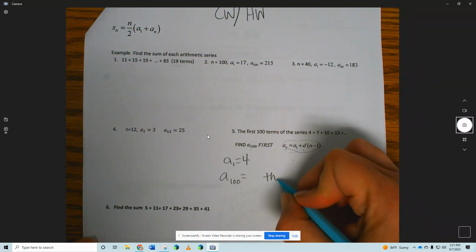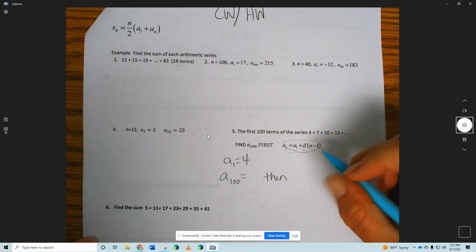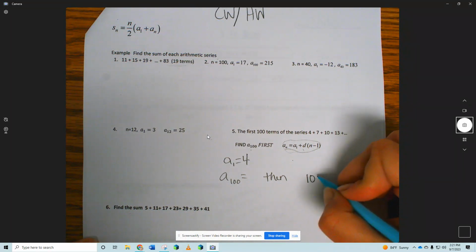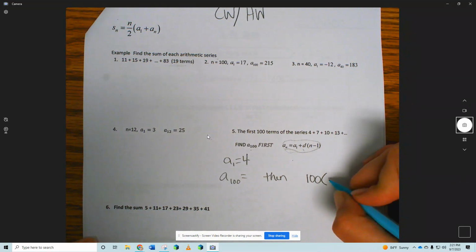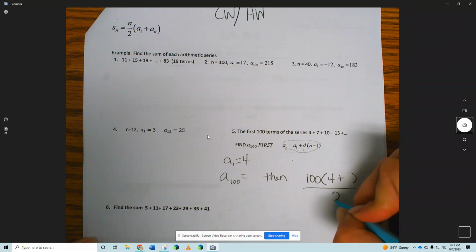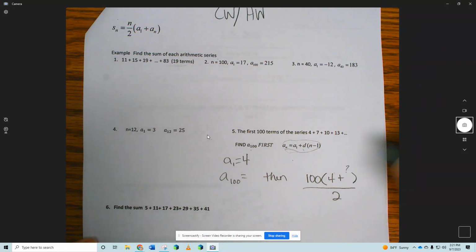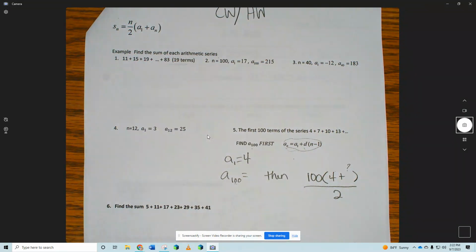And then, there's 100 terms, first term plus whatever divided by 2. You have to find this last term, the 100th term. Number 5 is the only one that's kind of tricky. You got to do 2 parts. First, find the 100th term, then put it into the sum formula, okay? So we're going to start on homework now.